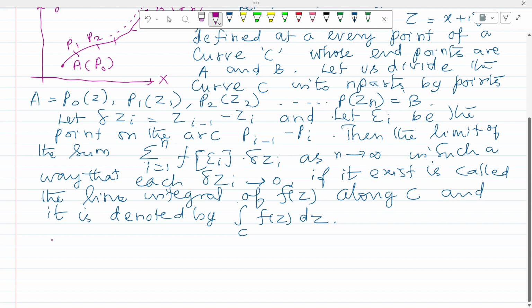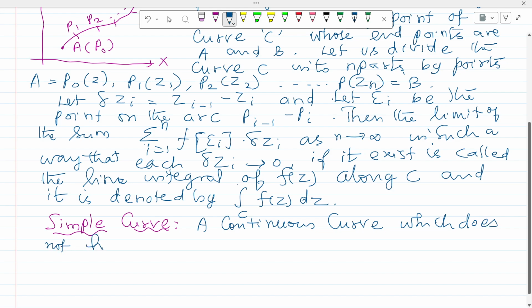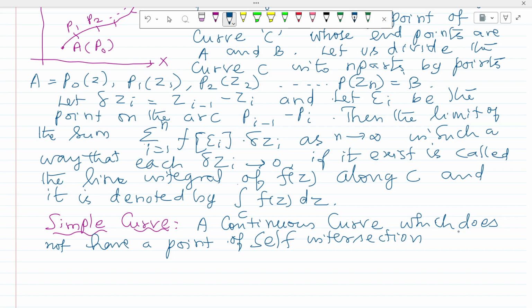Next definition, simple curve. A continuous curve which does not have a point of self intersection is called a simple curve.